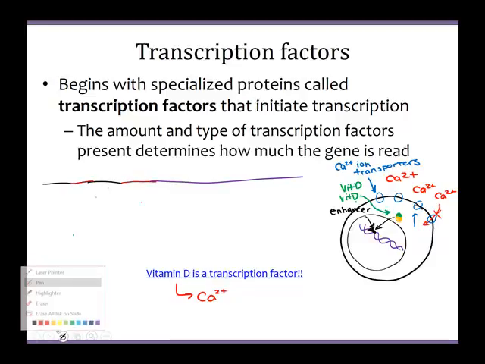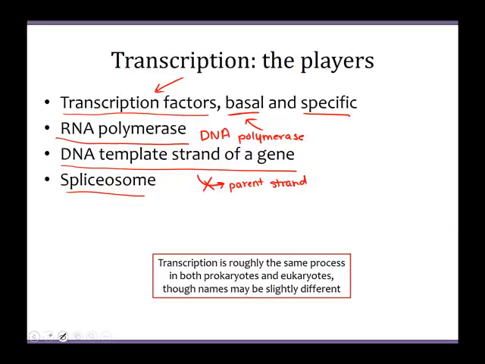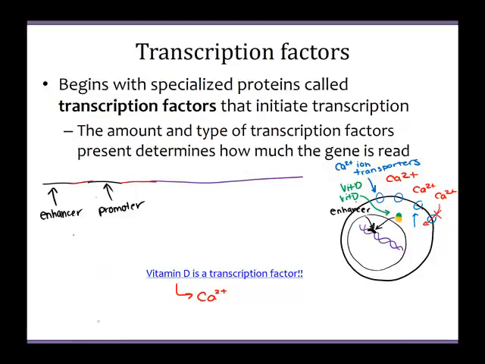So right here, I have my enhancer. I have my promoter. And then in purple, I have my coding region for the calcium ion transporter. Alright, so far so good.